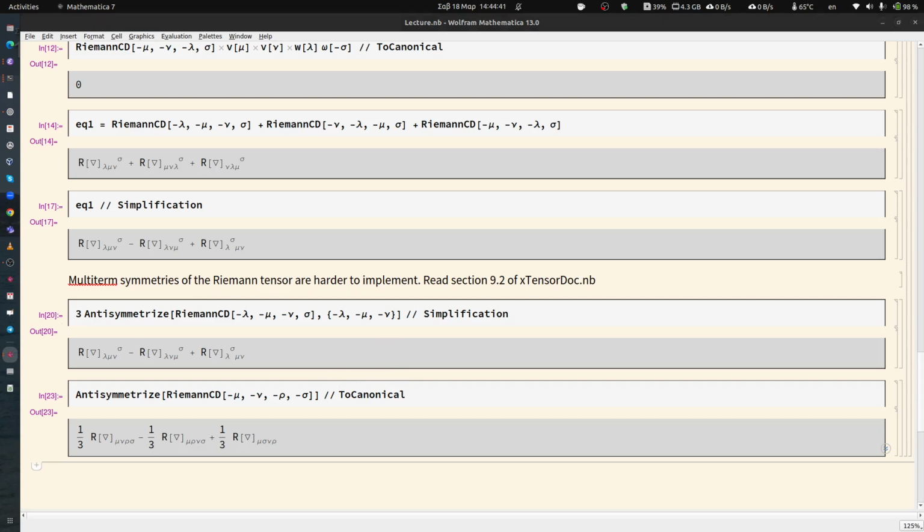So now let's antisymmetrize only with respect to the first two indices.